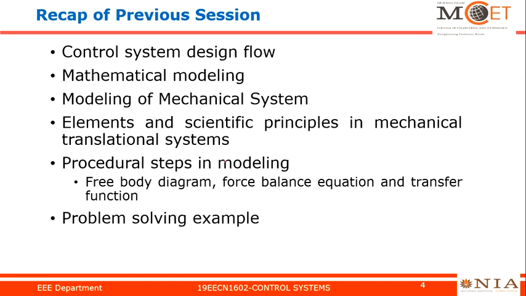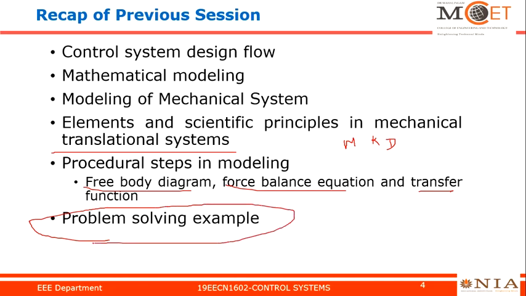The translational part is completed, that is the mechanical translational system elements: mass, spring, and dashpot D, which can also be represented by B. And the procedural steps in the modeling: free body diagram, force balance equation, and the transfer function. A small problem example was also discussed in the previous session for transfer function calculation of a translational system.